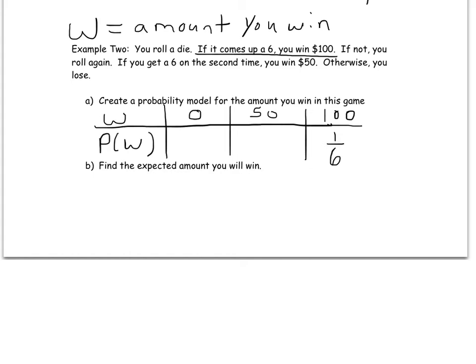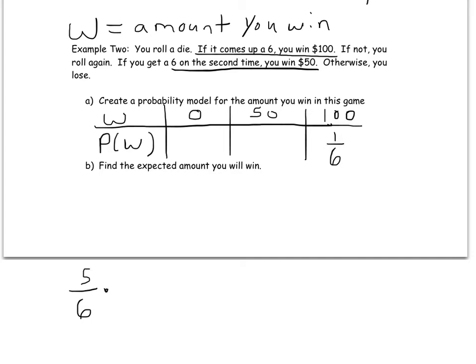Okay, so now, how do I win $50? I win $50 if I don't win on the first roll, meaning I get something other than a 6, but then I get a 6 on the second roll. So I'm just going to do a little side calculation. There's a 5/6 chance that I'm not going to get a 6 on that first roll.